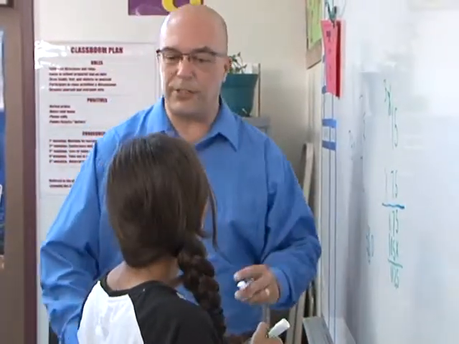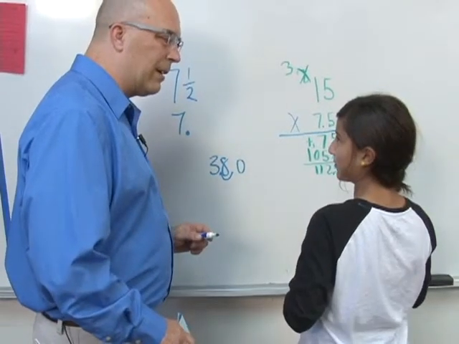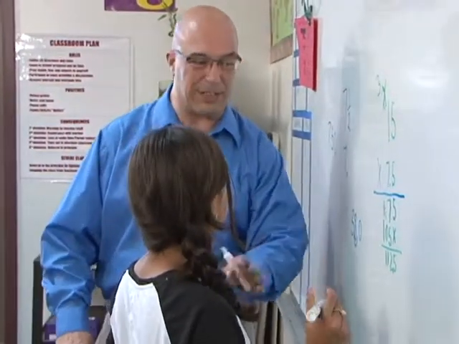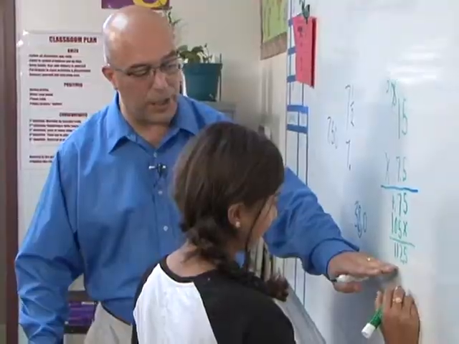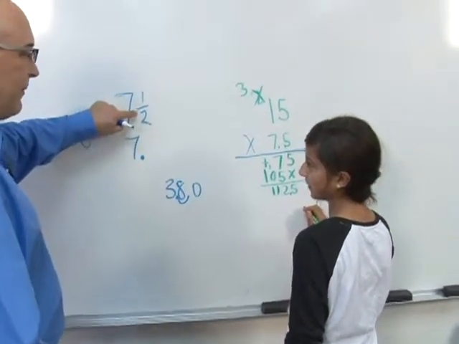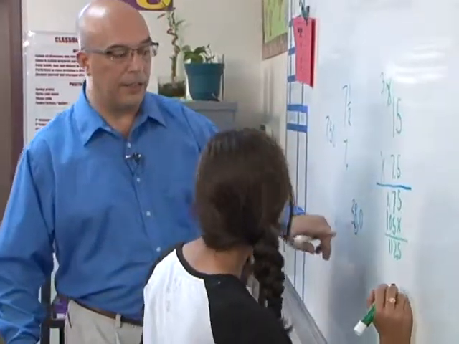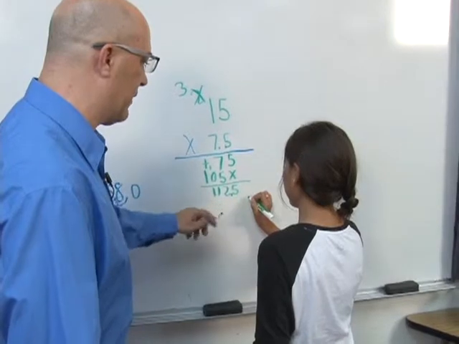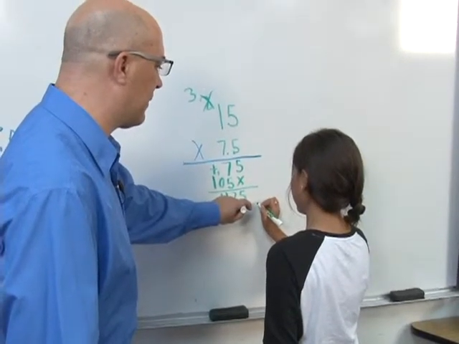Is there another way you could say that? Well, you're thinking fifths, right? Because of the 5 in there. But you're correct with 112.5. Now remember, a 0.5 is the same as a half. Right? Do you know what place value that is? The very first one after the decimal point.